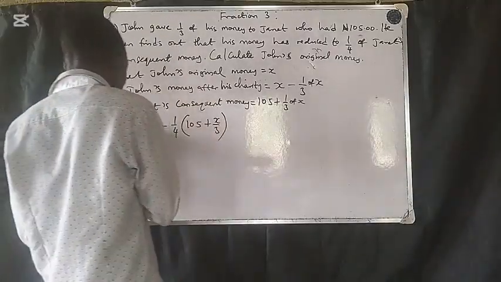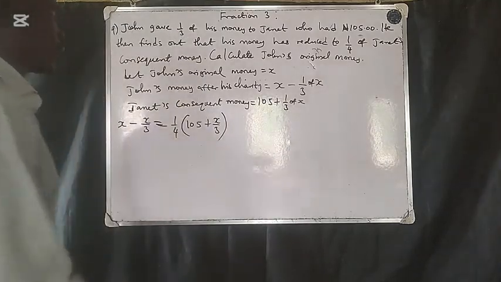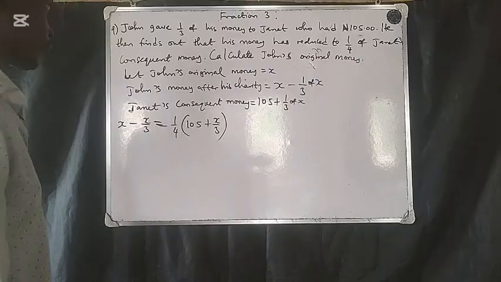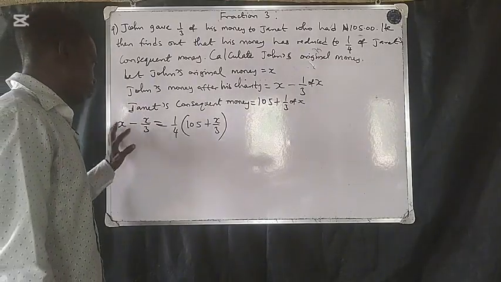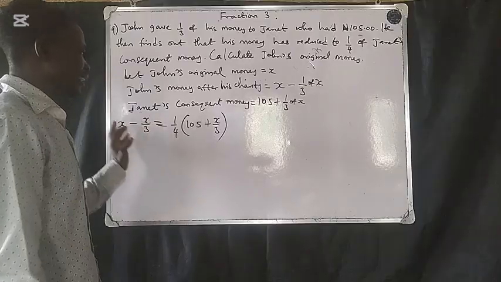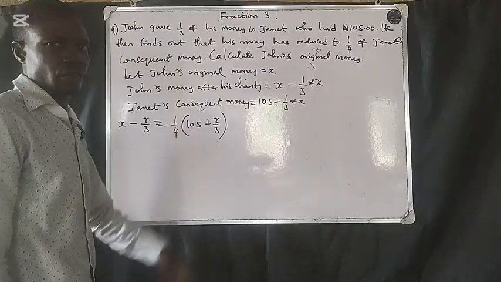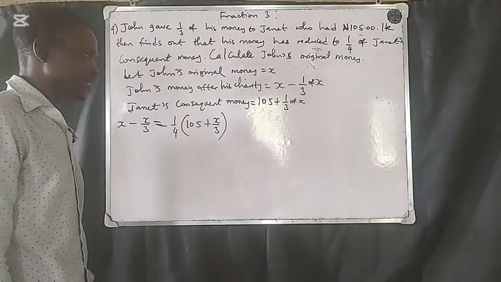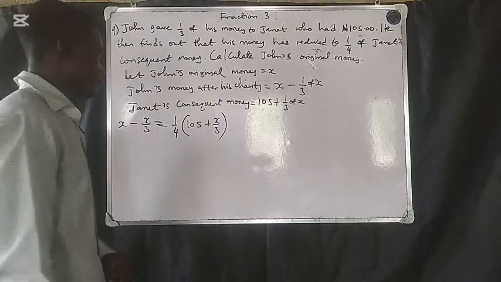So we are going to equate the two values of John's money. I want to believe it's clear. When he gave this out, we remove it from his money, and his money is now equivalent to 1/4 of Janet's money after she has received the donation from John.